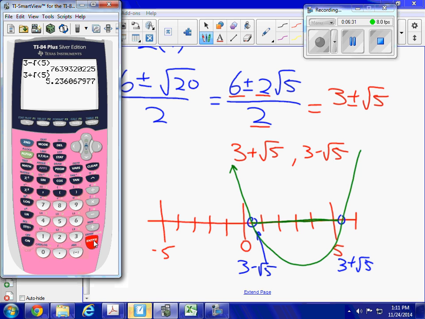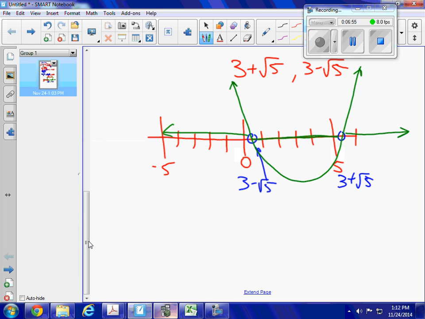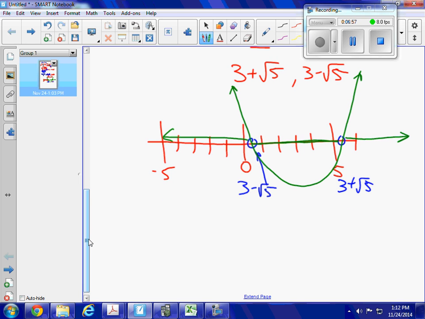Since the inequality is asking where the expression is greater than 0, that is from 3 minus the square root of 5 going that way, and 3 plus the square root of 5 going that way. And it is a strict inequality, which means that it does not include the roots, because at the roots the value is 0, not greater than 0.